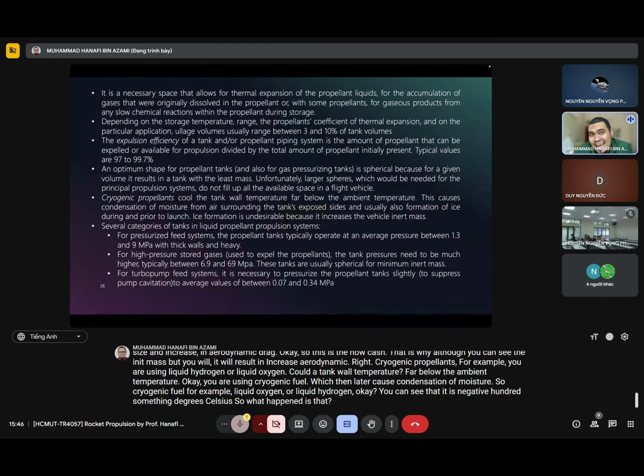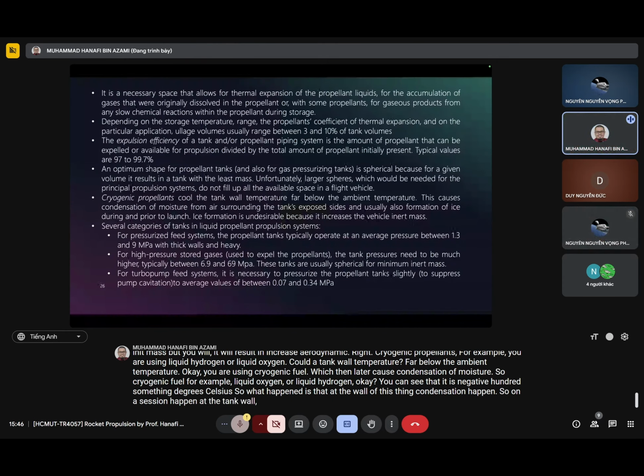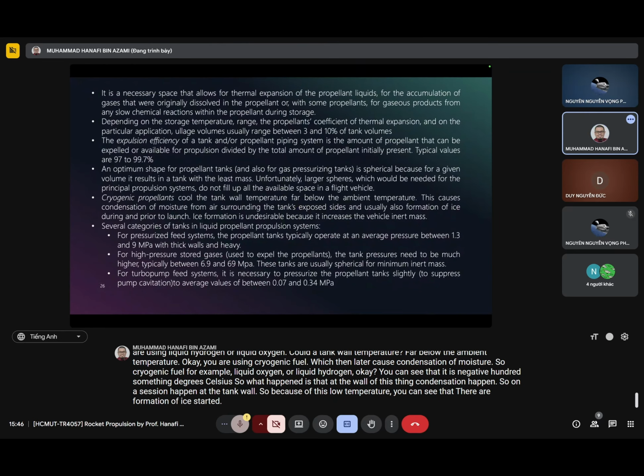So at the wall of this tank, condensation happens. Because of this low temperature, ice starts to form during or prior to the launch.